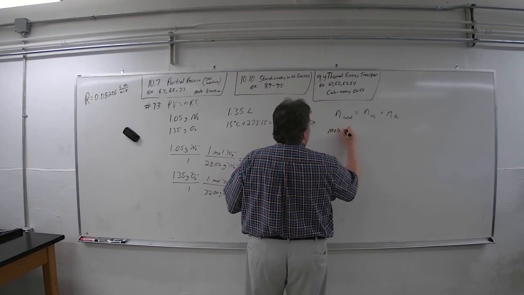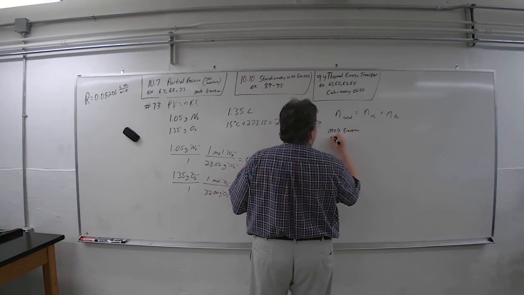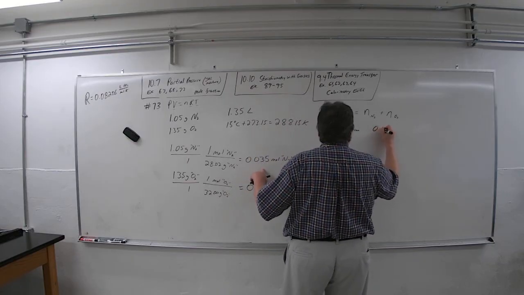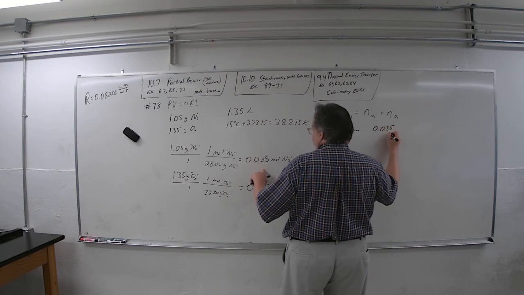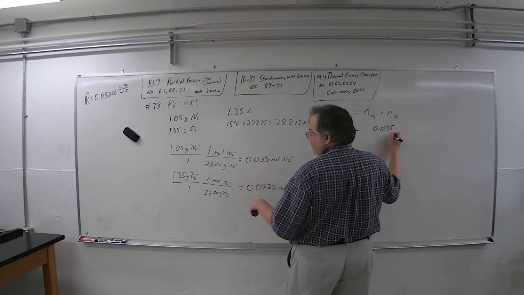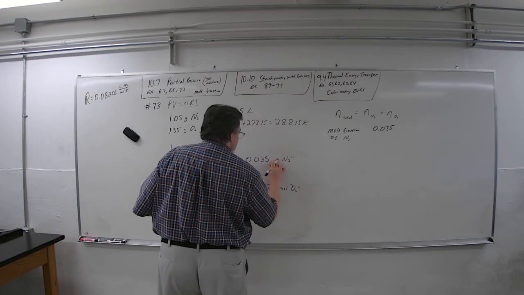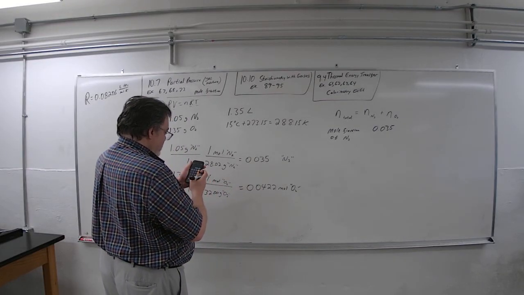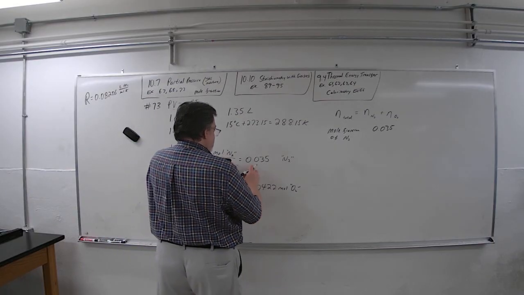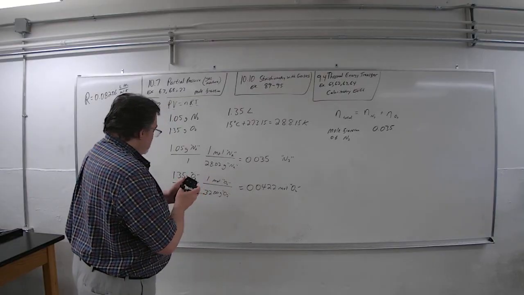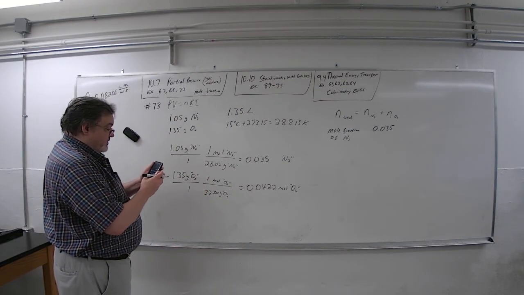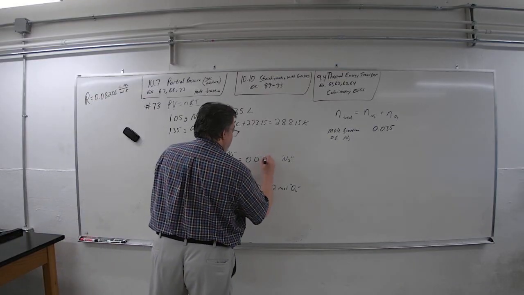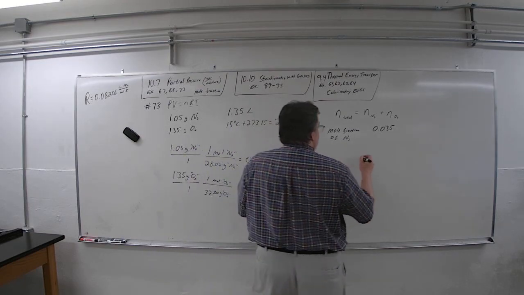So mole fraction of N2 in the mixture: you put the number of moles of N2 on the top, 1.05 divided by 28.02, 0.0375.